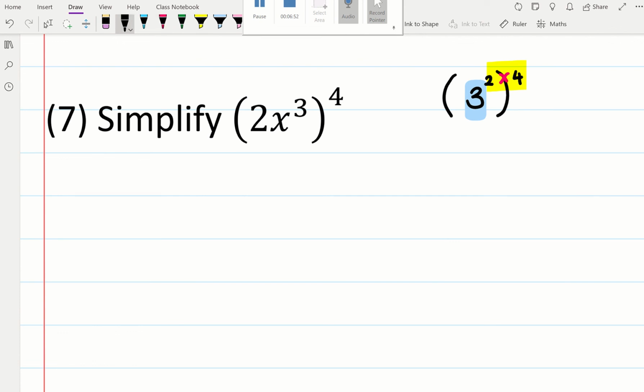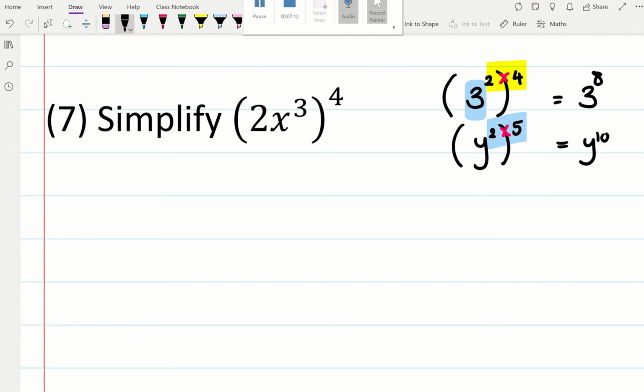So it becomes 3 to the power of 8. Again, if you had y squared to the power of 5, the y doesn't change, and those two are multiplied. So that's to the power of 10.